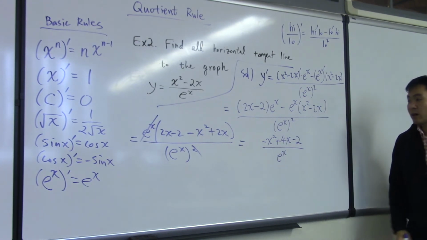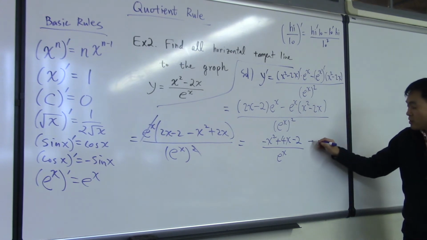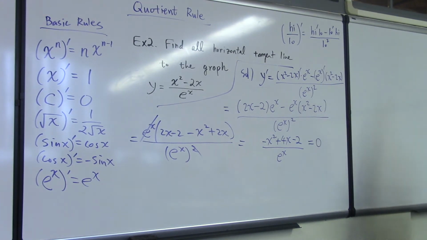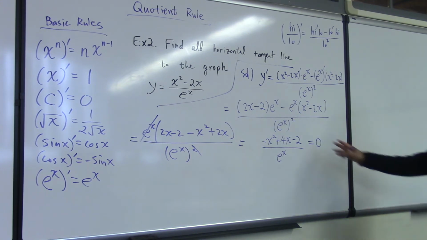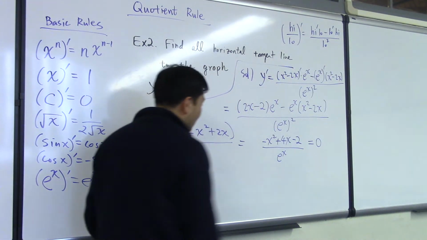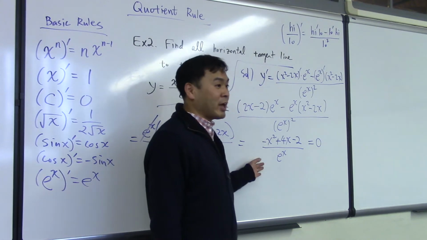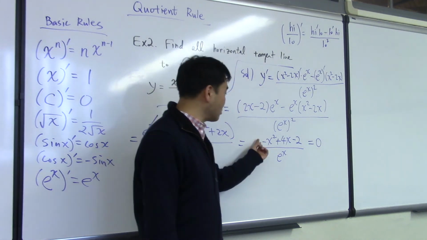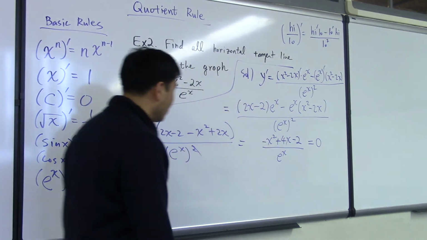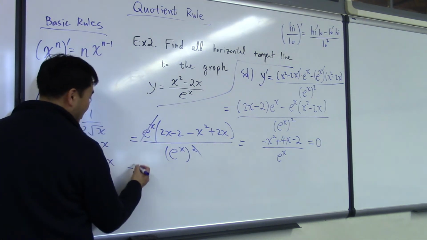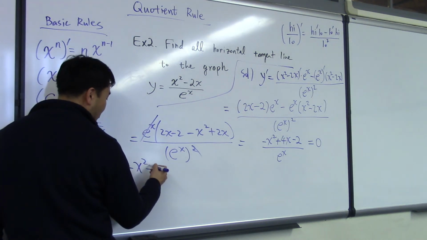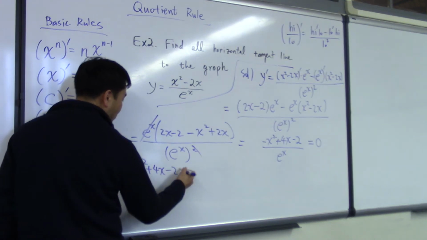And what are we looking for again? We're looking for when this is equal to 0. Unfortunately for us, the numbers are kind of horrible. But if you have a fraction, the only way a fraction could be 0 is when the numerator is equal to 0. So we're really looking at when negative x squared plus 4x minus 2 is equal to 0.